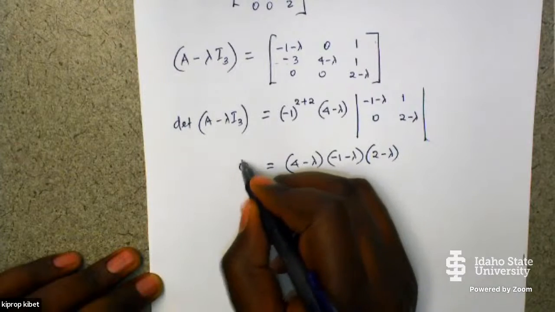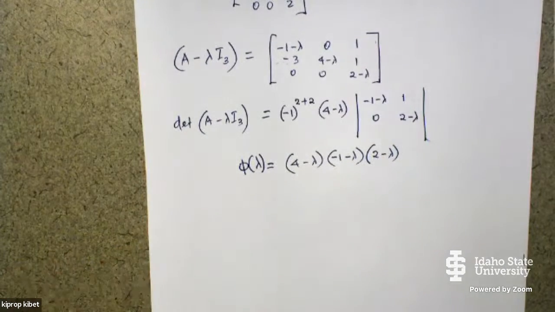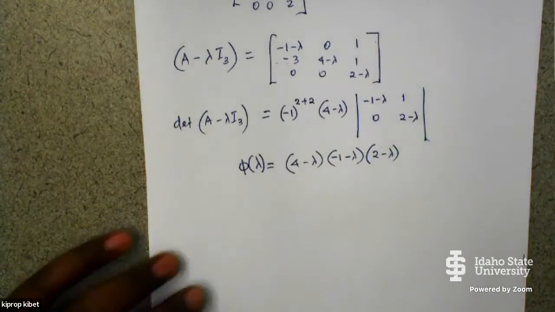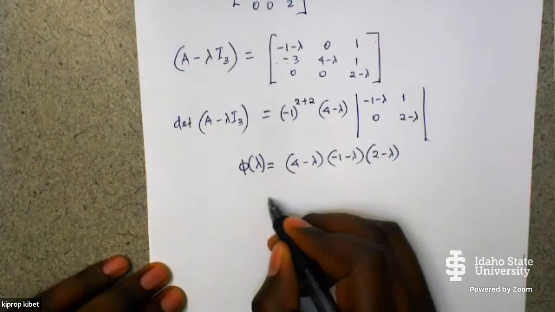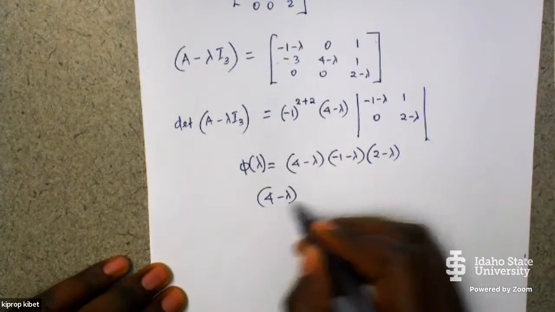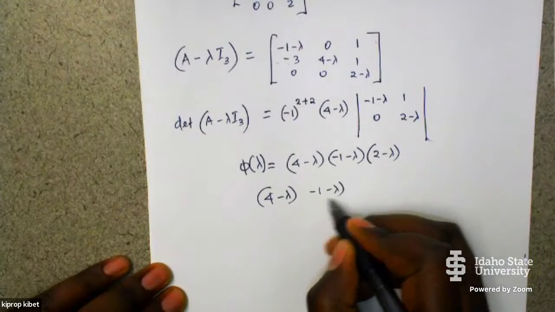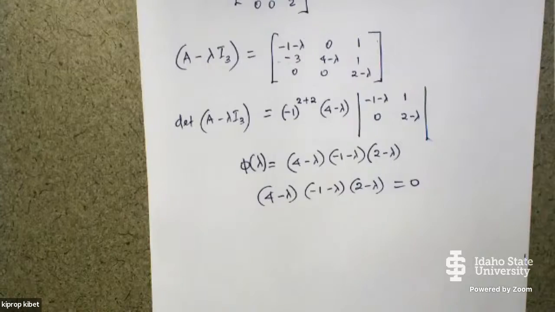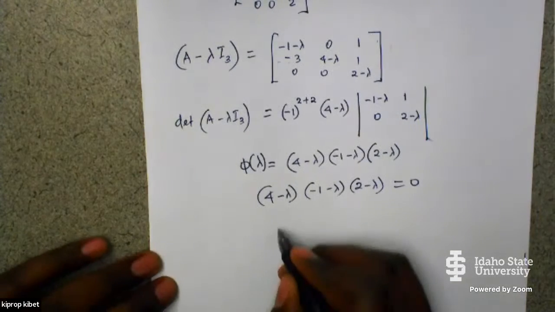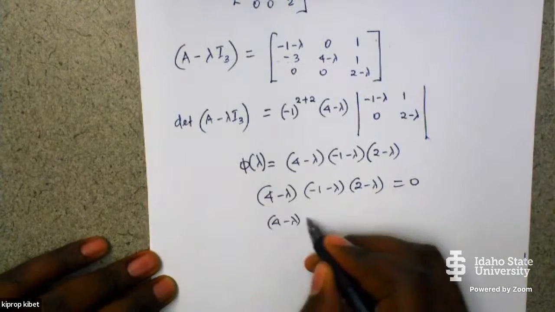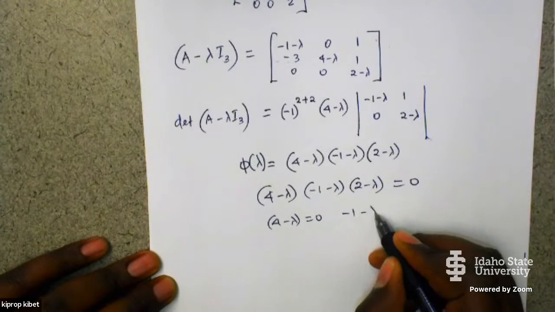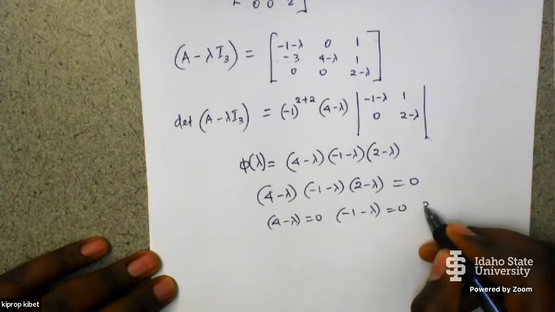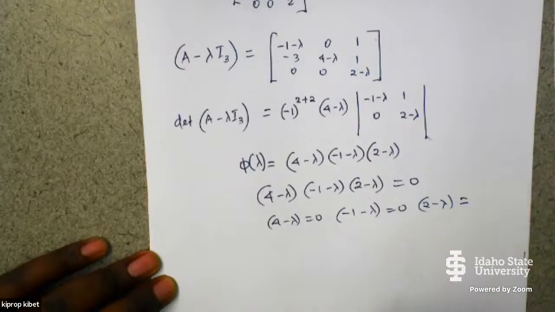So this is our characteristic polynomial. The equation is so easy here, since it is 4 minus lambda, -1 minus lambda, 2 minus lambda equals 0. Using the zero product property, it means 4 minus lambda equals 0, -1 minus lambda equals 0, and 2 minus lambda equals 0.